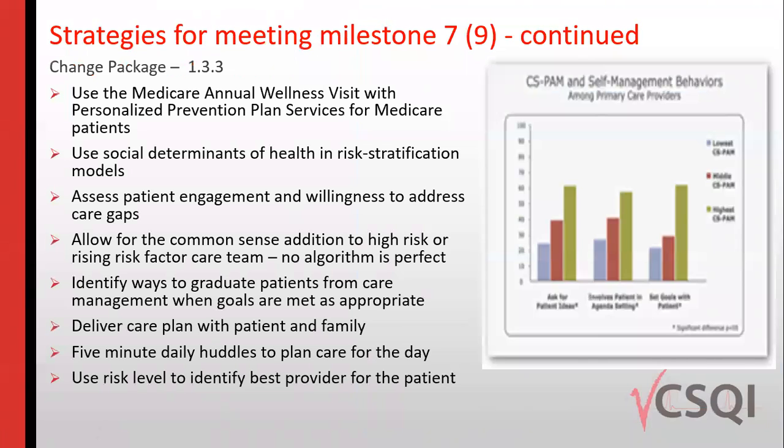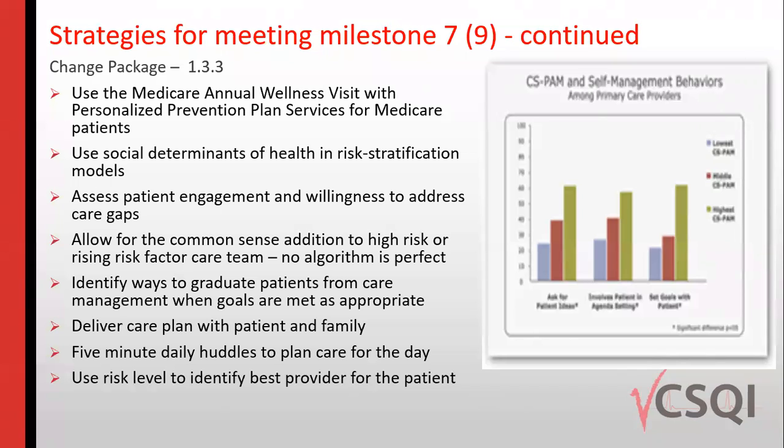Okay, so another example of a strategy here, there's a second slide actually, because there were so many strategies offered in Change Package 1.3.3, is to use the Medicare annual wellness visit with the personalized prevention plan services, using social determinants of health to assess risk stratification.